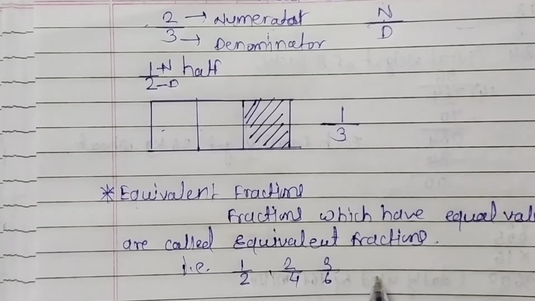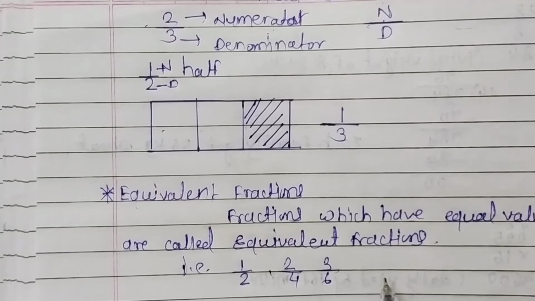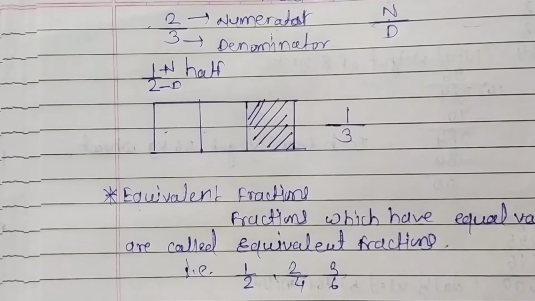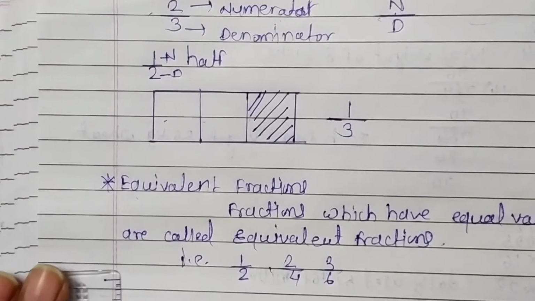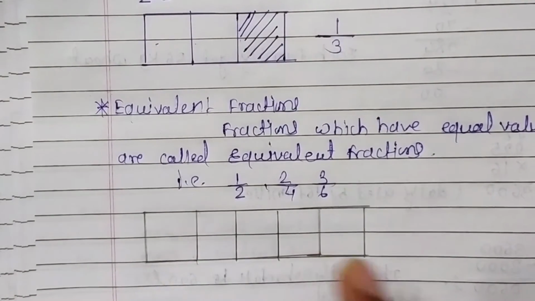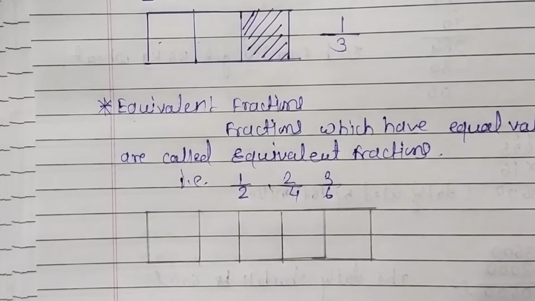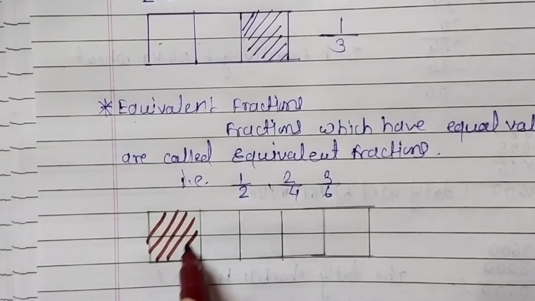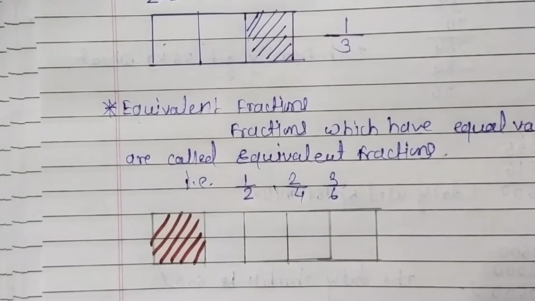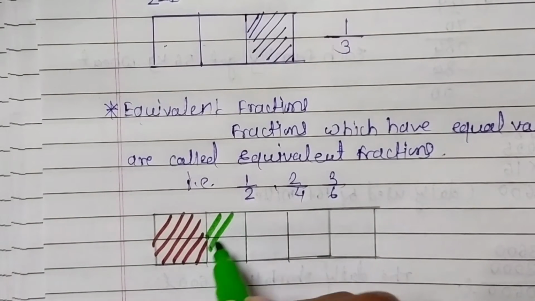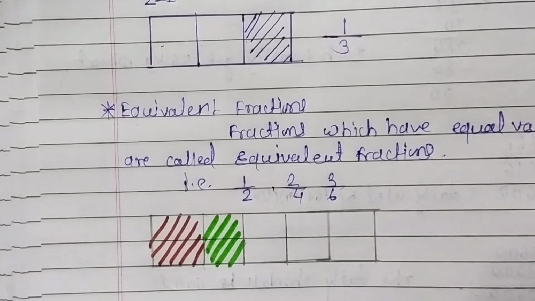How? Let's take one example so you understand it better. Here I draw one figure. Look at the figure. It has 5 equal parts. From these parts, this one and this one are colored.